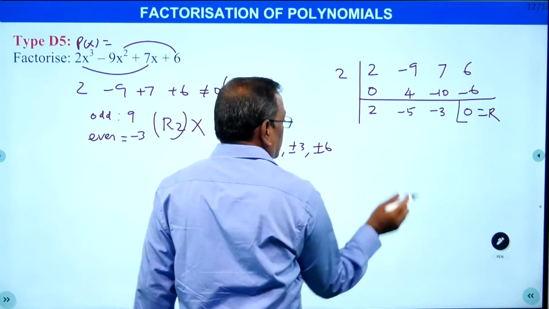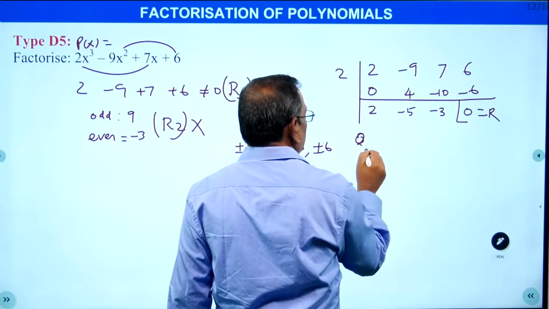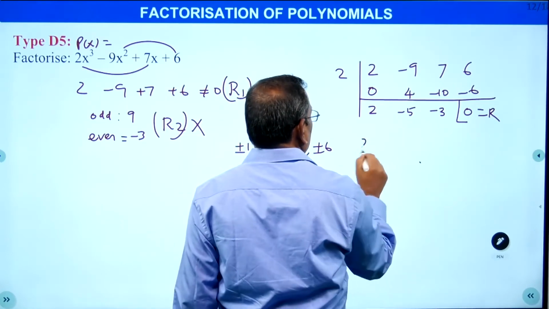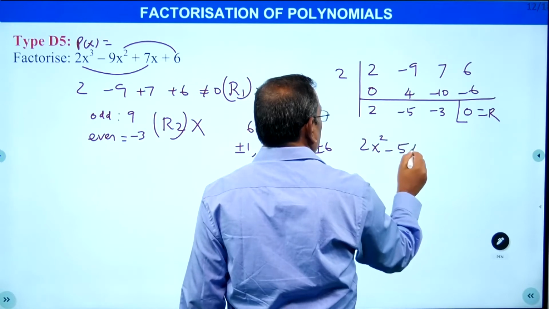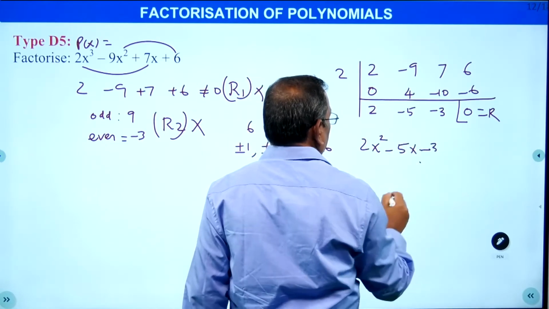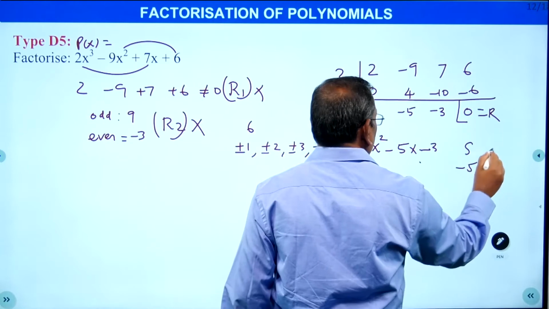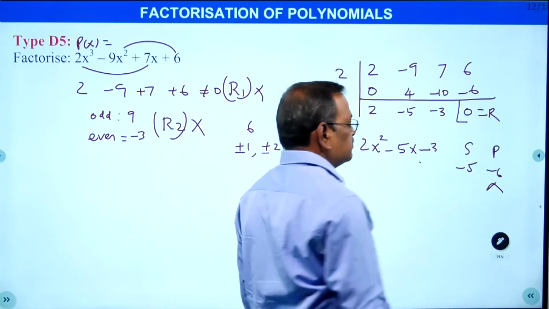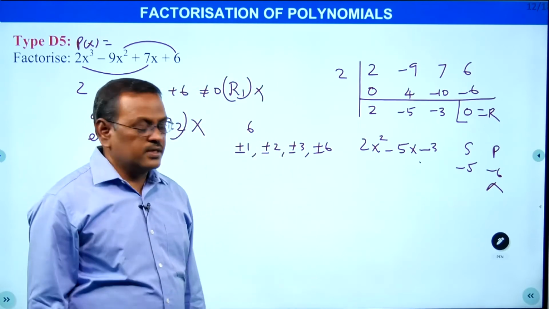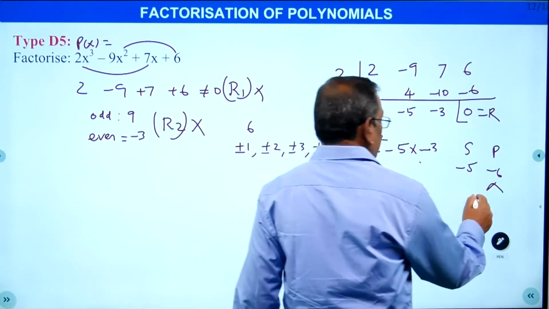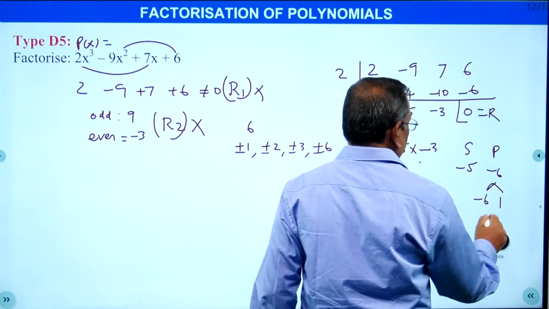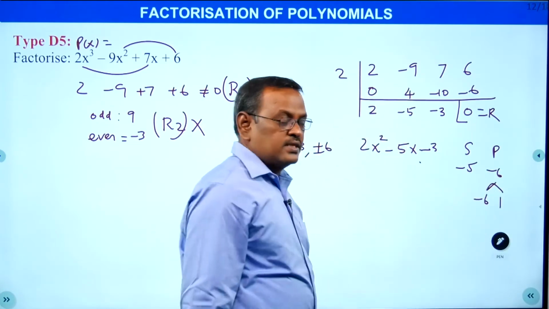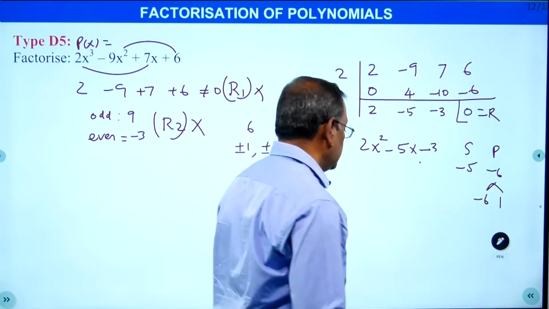So what is the corresponding quotient? 2x square minus 5x minus 3. Sum is minus 5 and product is minus 6. So what are the factors? Sum is minus 5, product is minus 6. So minus 6 into plus 1, minus 6, and minus 6 plus 1 is minus 5.